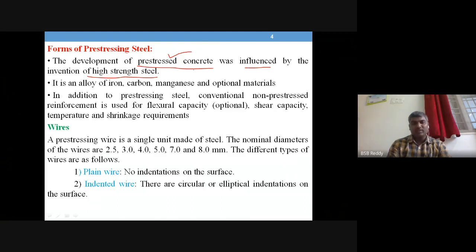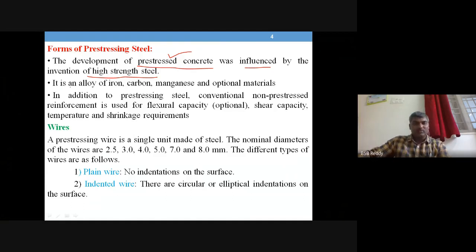Hence, there is no point in calling it pre-stressed concrete. So the strain that you create in the steel by pulling it to induce pre-stress in the concrete is lost because of the different losses that we will be talking about.